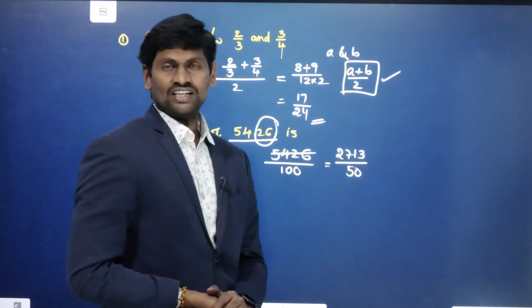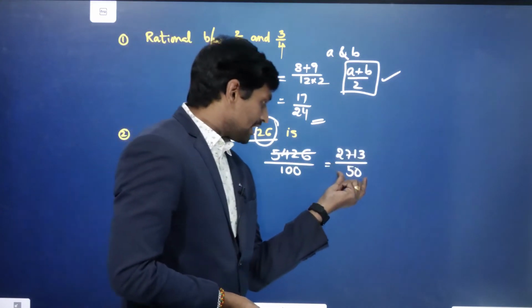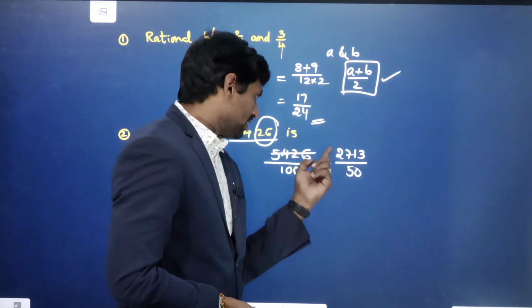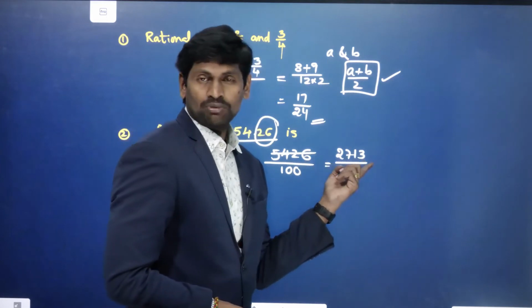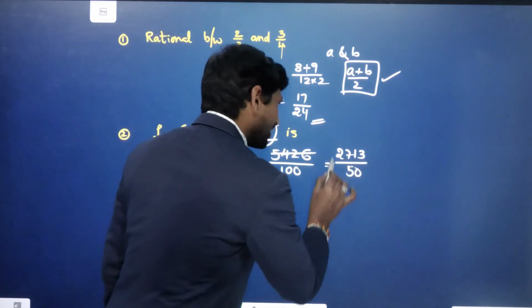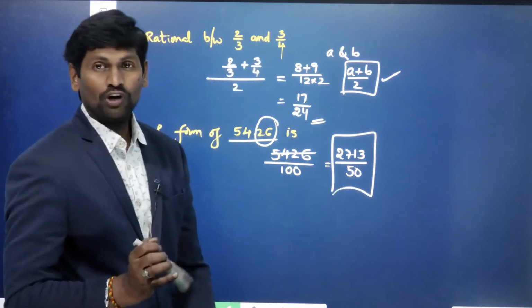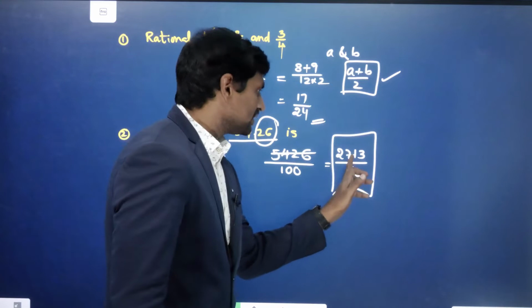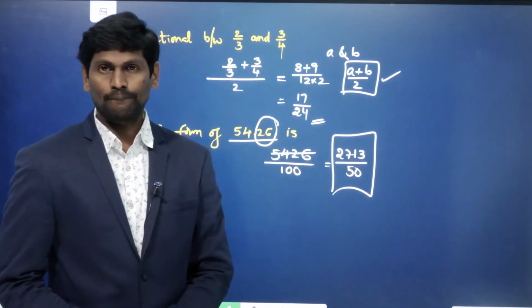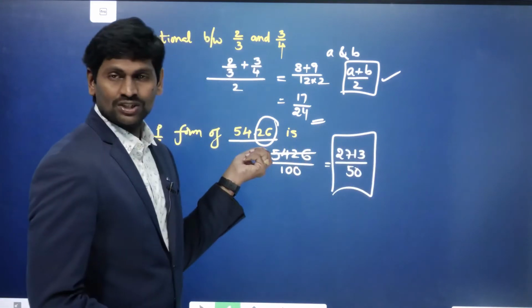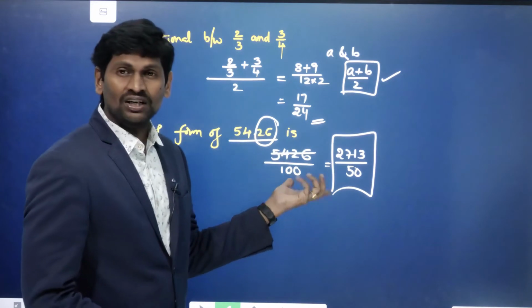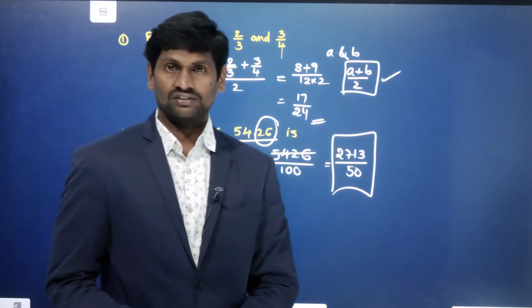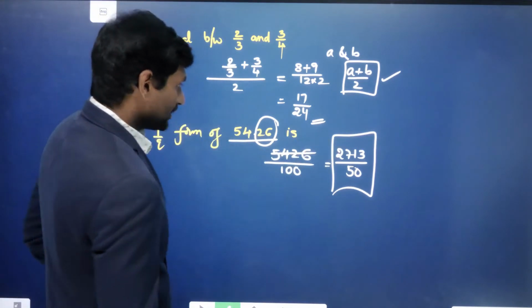Any other cancellation? It will come in the 5 table and 2 table, but it is not coming in the 2 table as well as the 5 table. This is our required answer. So the P by Q form of 54.26 is 2713 by 50. So first I converted the decimal number into a fractional number, then I did the simplification to the simplest form.